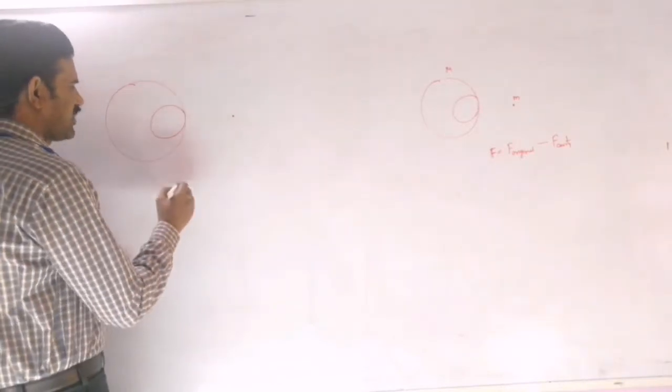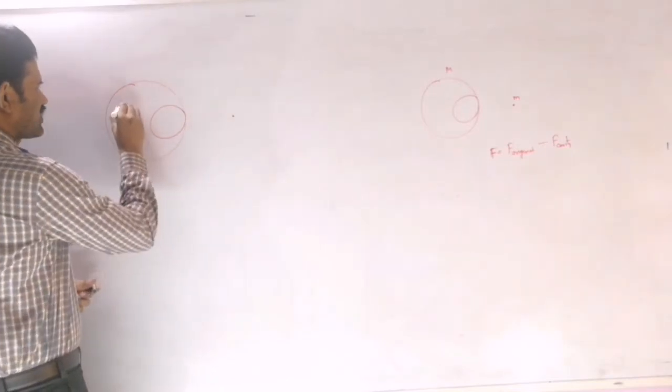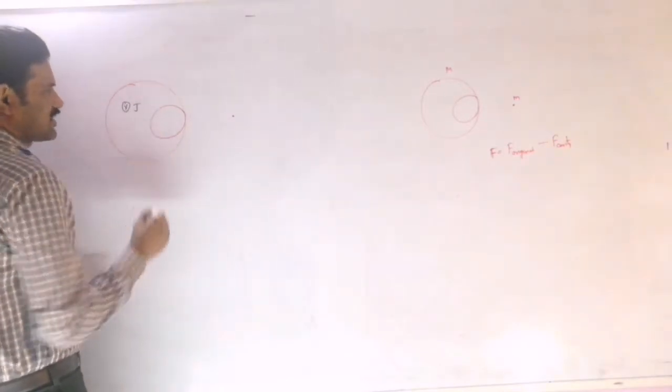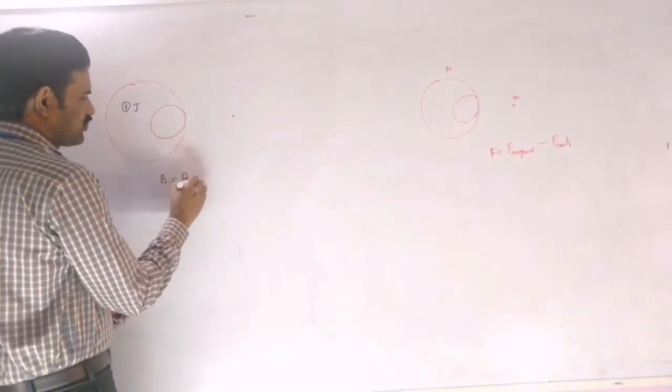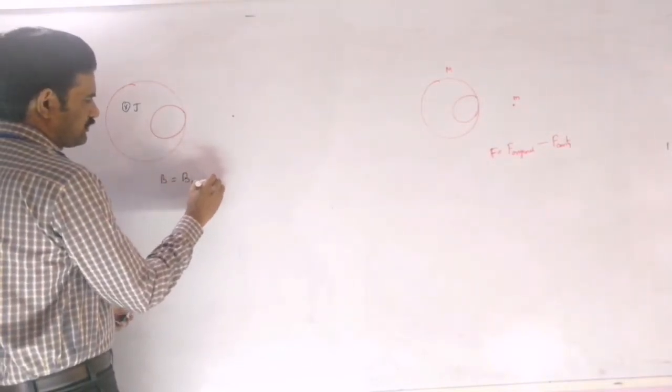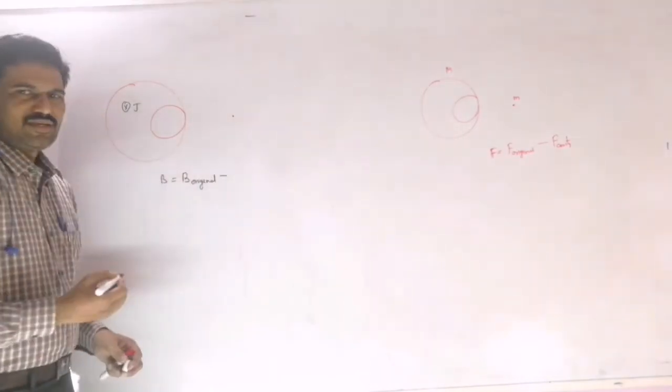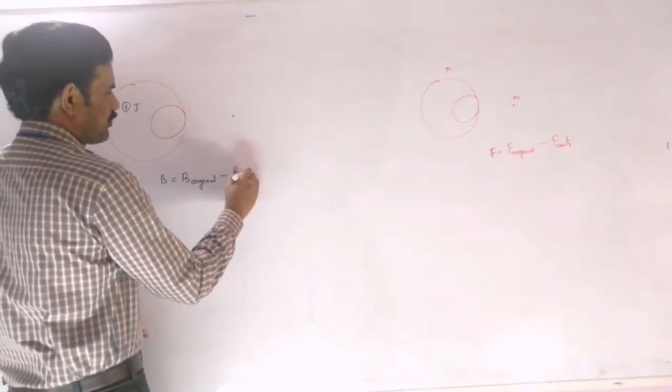That means if the object has some current density J inside, for example, then what we can write is the magnetic field due to the original object minus the magnetic field due to the removed part.